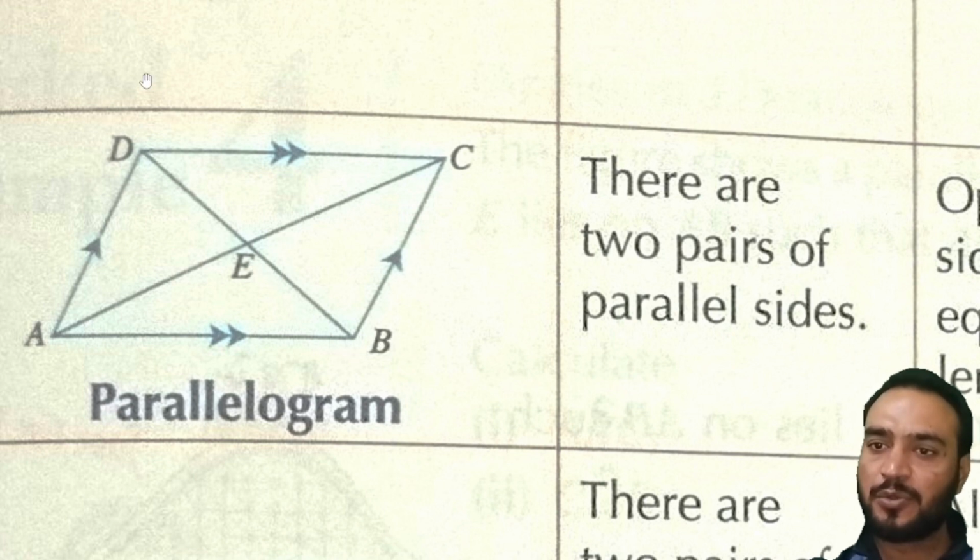BE will be equals to ED and AE will be equals to EC. These are two diagonals, and you can see that the line AB is parallel to the line DC, which is shown by two arrowheads on the lines, and BC is parallel to AD and it is shown by one arrowhead on the line. This is the parallelogram.